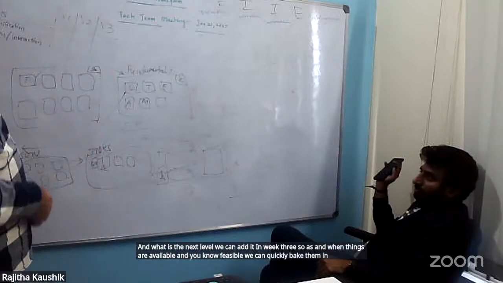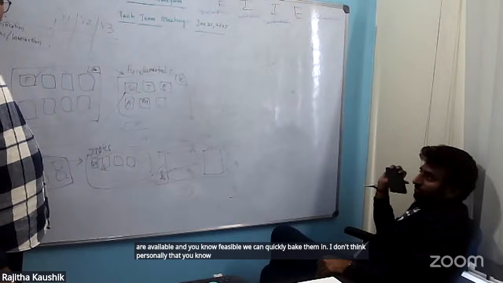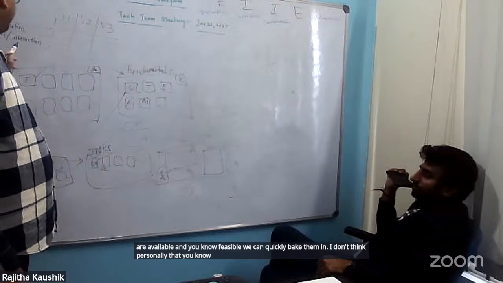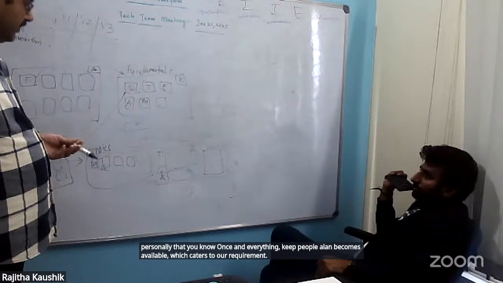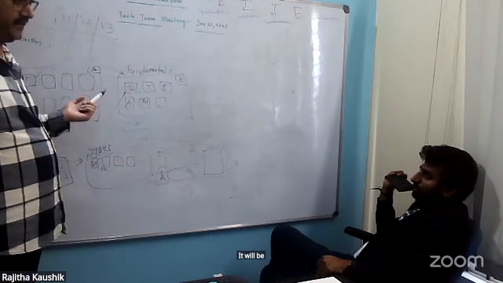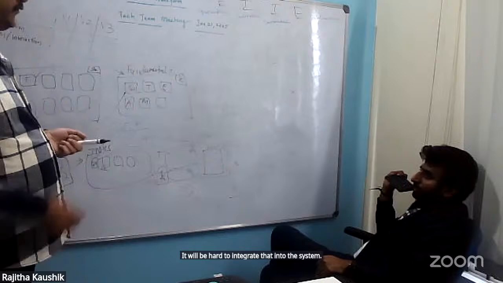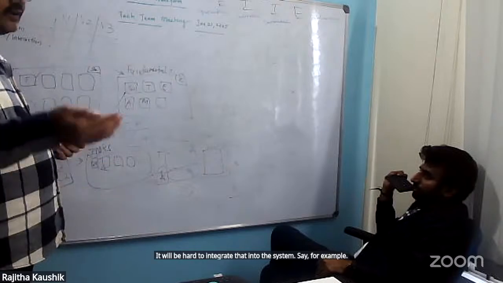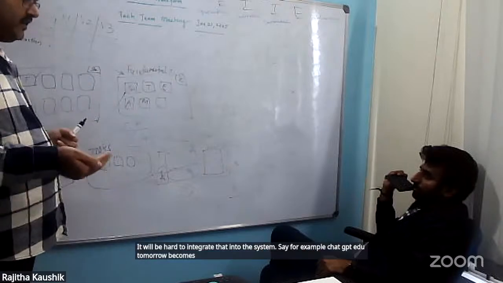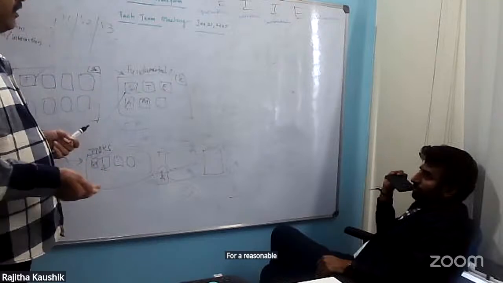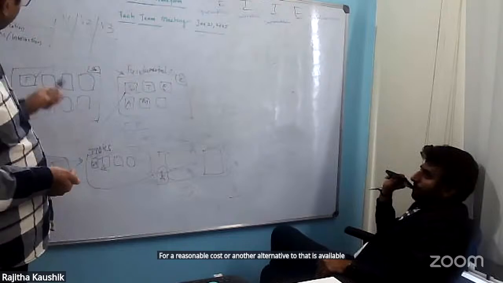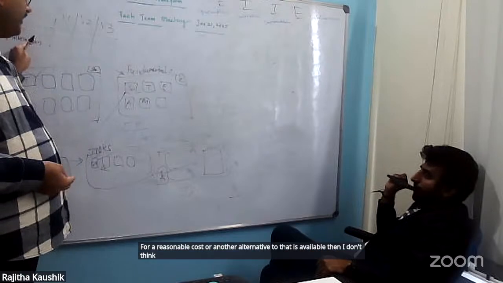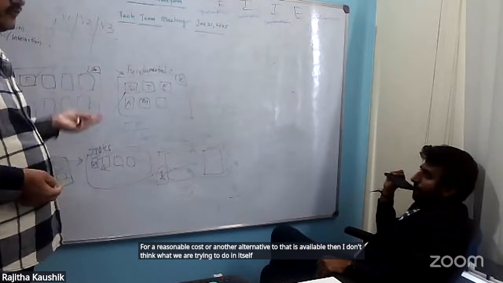I don't think personally that once a capable LLM becomes available which caters to our requirement, it will be hard to integrate into the system. Say, for example, ChatGPT Edu tomorrow becomes available in India for a reasonable cost, or another alternative. Then I don't think what we are trying to do is hard to achieve.